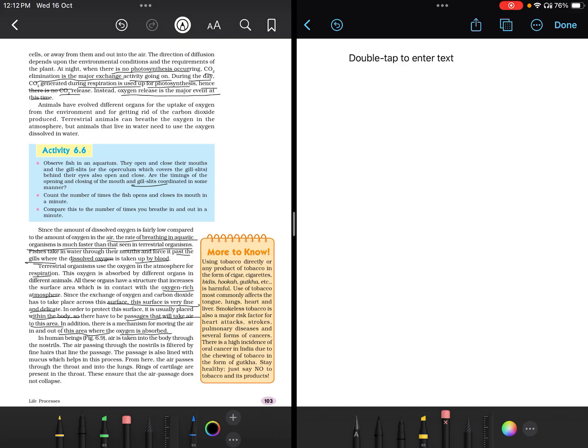In human beings, air is taken into the body through the nostrils, the nose. The air passing through the nostrils is filtered by fine hairs in the lining of the passage. The passage is also lined with mucus to help in this process. From here, air passes through the throat into the lungs. Rings of cartilage are present in the throat that ensure that the air passage does not collapse. What is the purpose of these rings and cartilages?